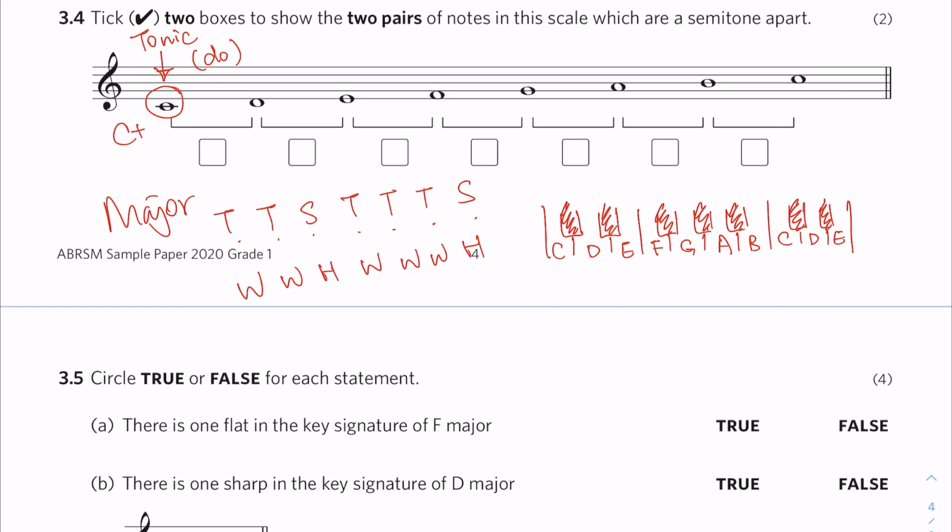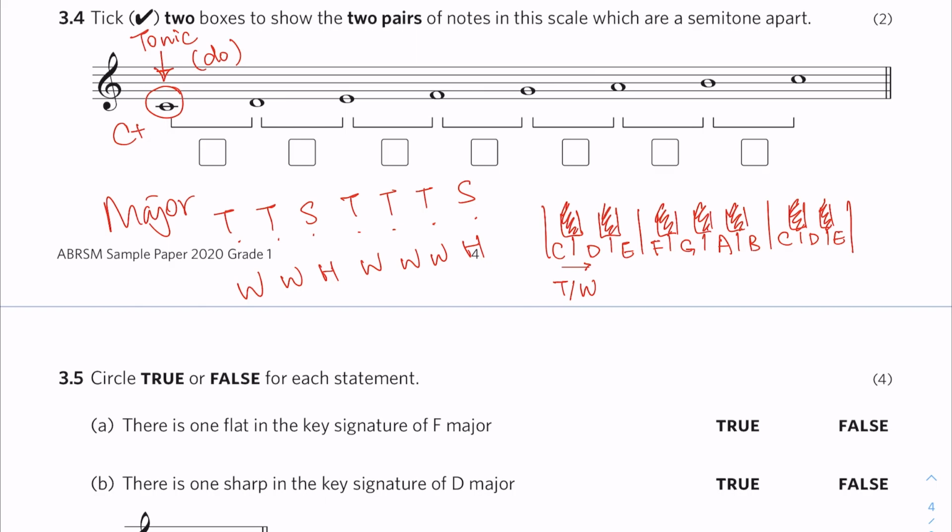If we are dealing with C major, tone, tone, semitone, or whole, whole, half, means from the first note to the second note, which is C to D, it has to be a tone or a whole note. A tone means 2 semitones. Semitone is just the shortest distance between 2 notes.